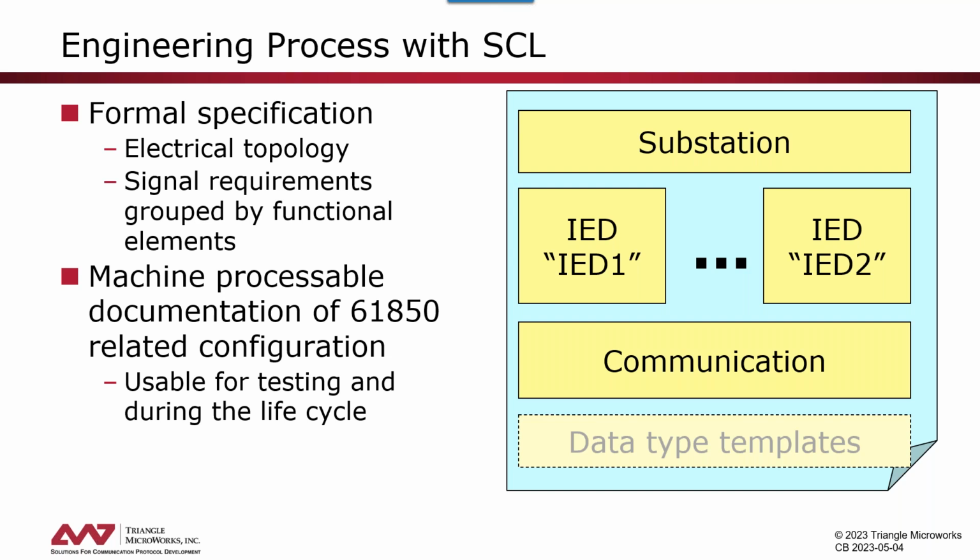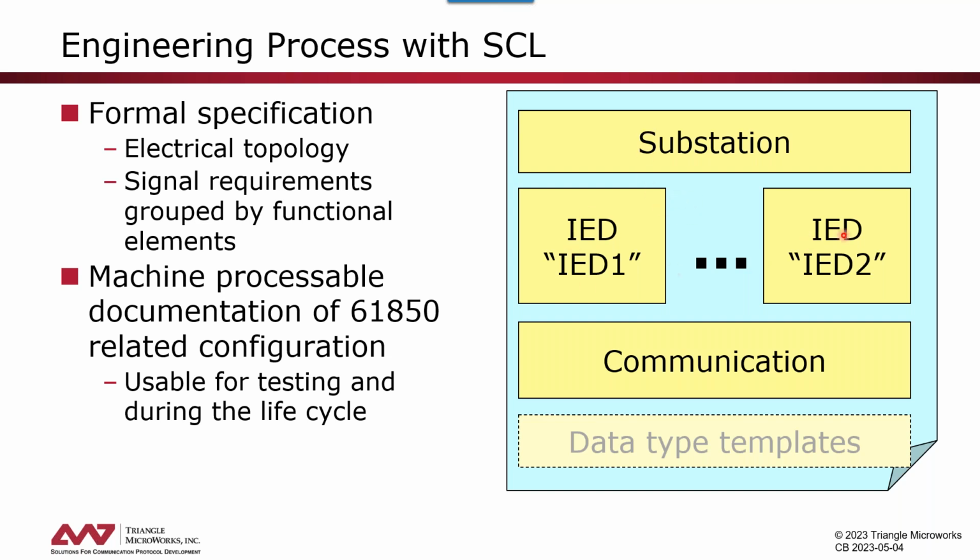So to summarize again what we have done with the SCL and engineering process. The SCL allows us to do a formal specification, which is then expressed in the substation section where we have the topology, the electrical topology. We can associate to that functional requirements, signals grouped by the functional elements.